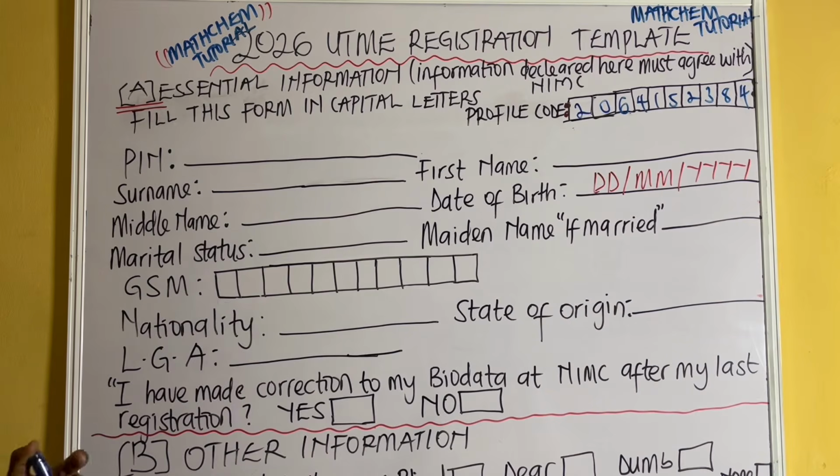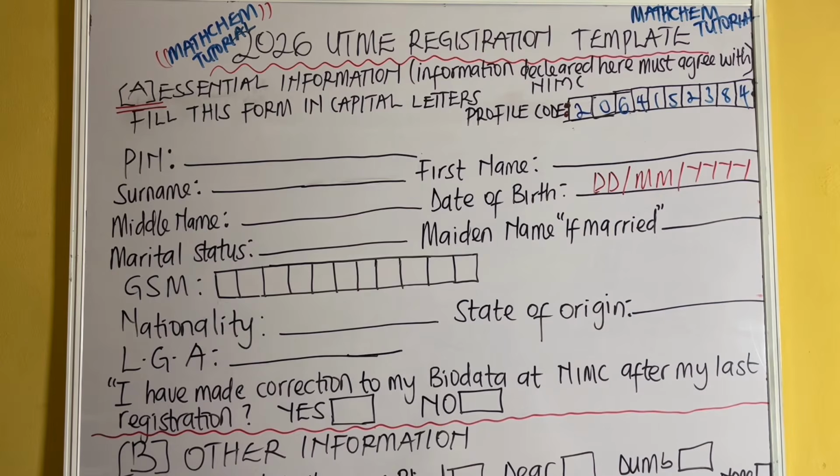So after generating your profile code from your home, you can comment under the comment section that you want me to help you generate your ePIN, or you can go to any vendor to generate the ePIN for you. Even you yourself can generate it. I will do a video on how to generate ePIN. If you need a video, go under the comment section and let me know. After generating your ePIN, it is mostly a 16-digit number.